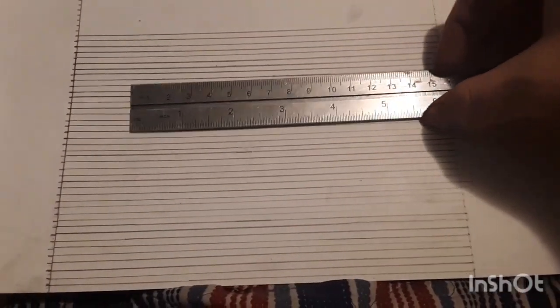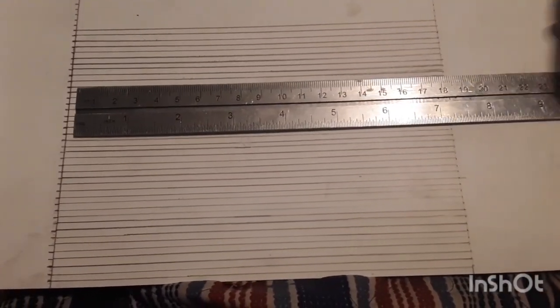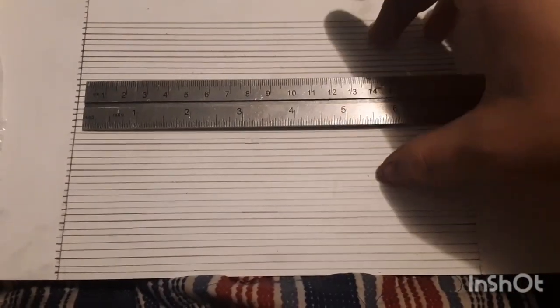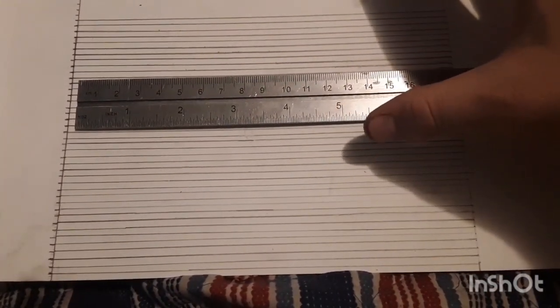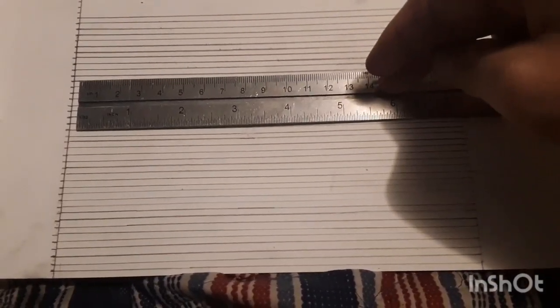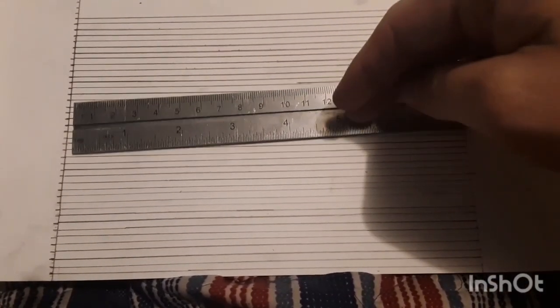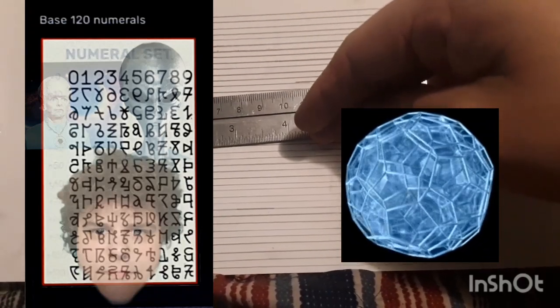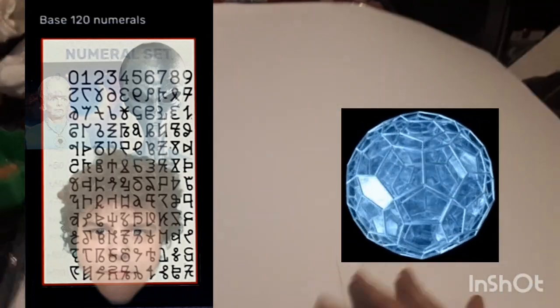I've been using this ruler to help create a Cartesian plane that is dense enough to be done in 120 notation. Now I have a very, very big piece of paper here because obviously you're going to need a very big piece of paper to get this done.